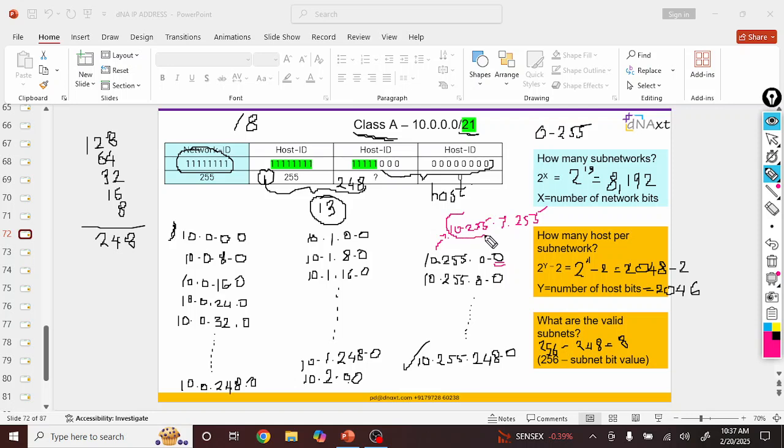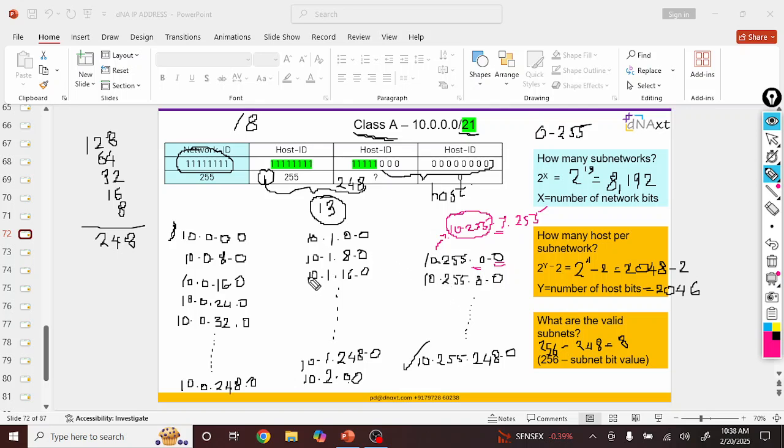You will not disturb these two octets. You will always focus on the octet in which the increment is taking place. So the increment is taking place in the third octet over here. So you will write down the number which precedes the third octet number of the next network ID.